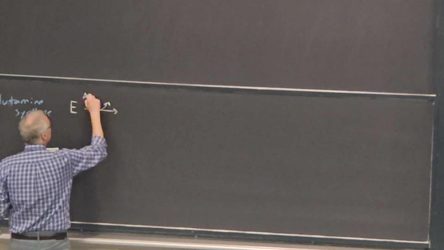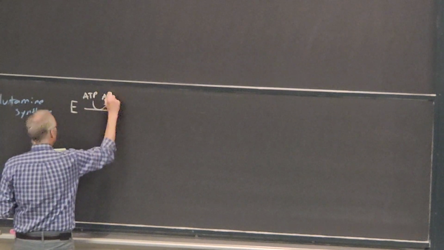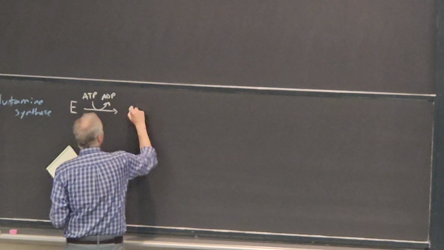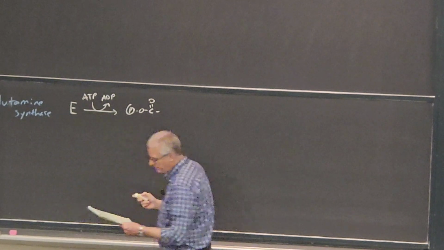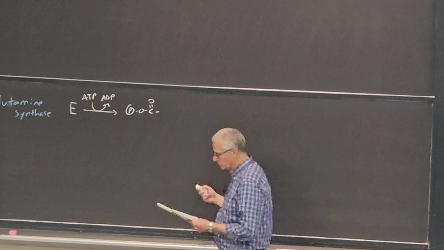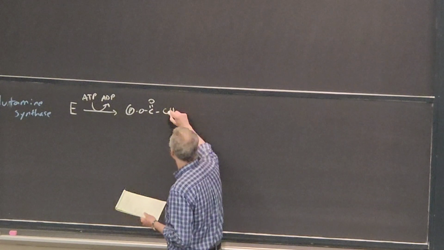Okay, so what is glutamine synthase? All right, we're going to start with glutamate. I'm not going to draw it again, it's drawn up there. And if I come along and I phosphorylate glutamate, and I'm going to phosphorylate it on basically the R group carboxylic acid.